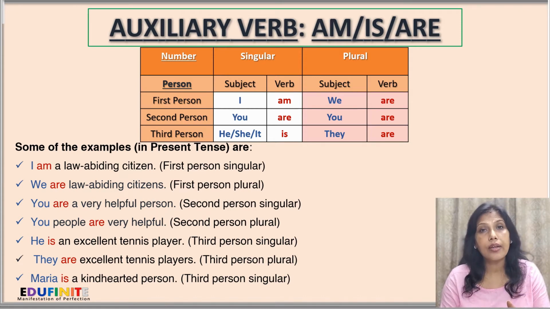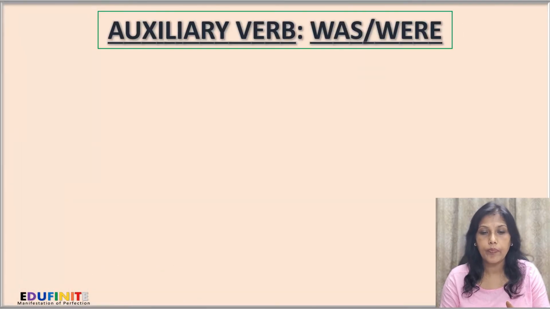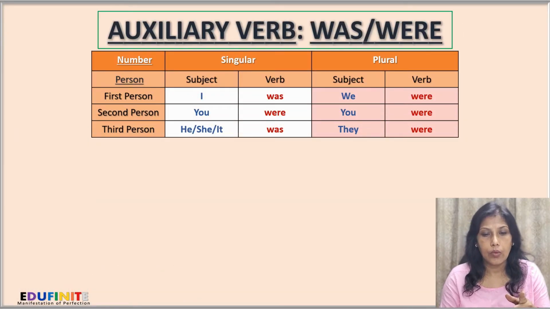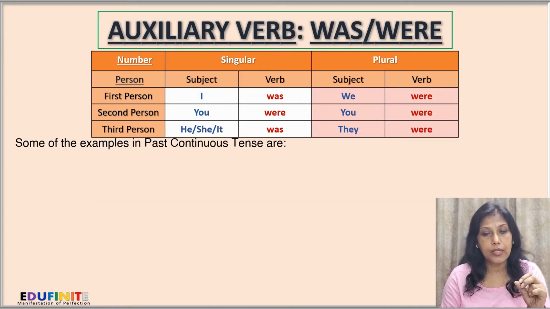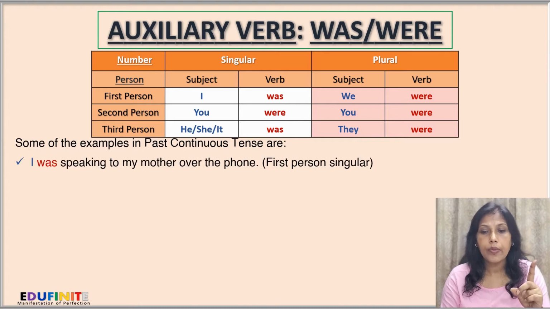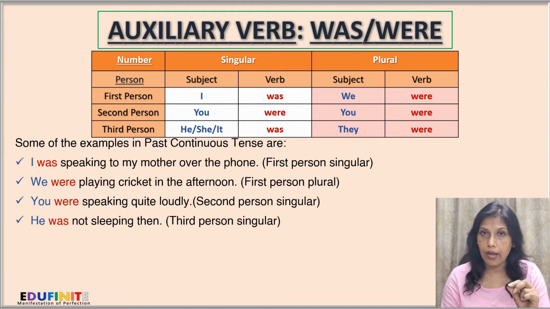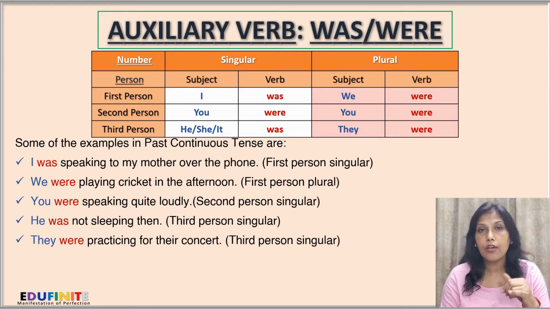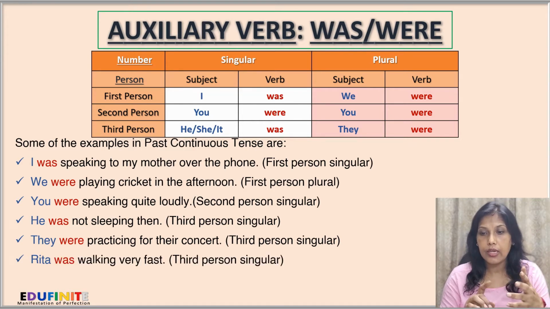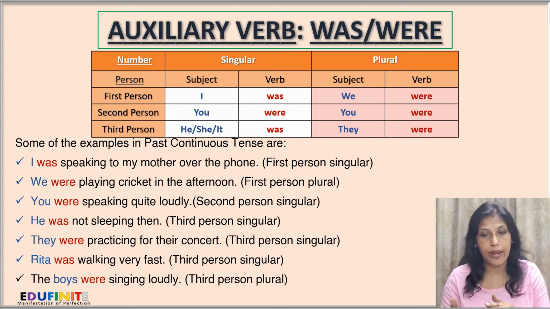Next, the auxiliary verb was, were. Now, here, first person singular I is associated with the verb was. First person plural we is with the verb were. Next, second person singular and plural all go with the verb were.